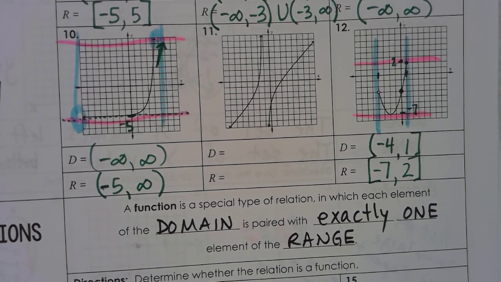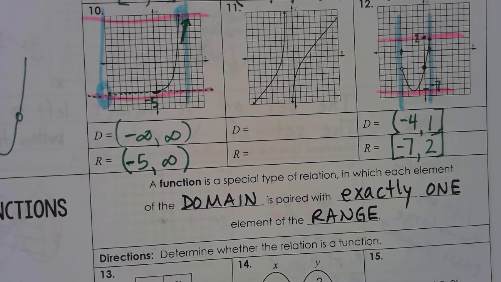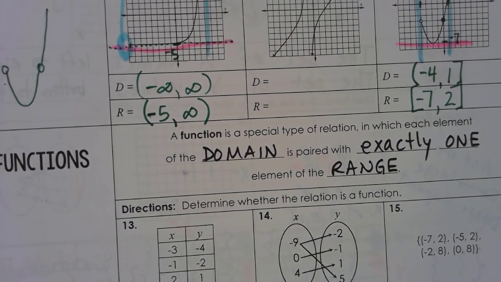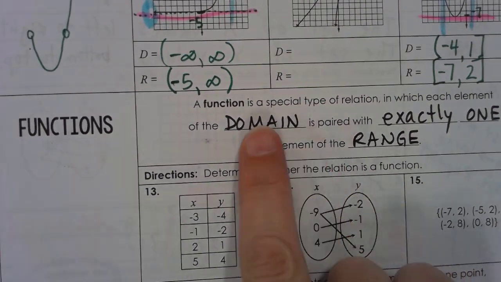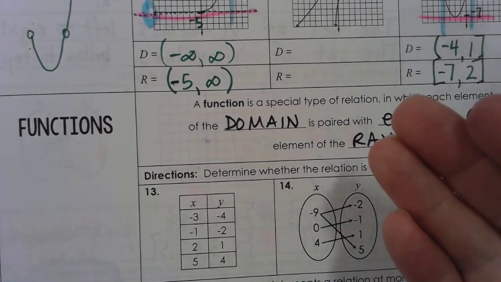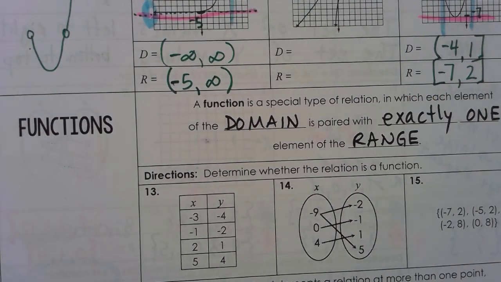All right, so the last little bit is the super easy part. Everything we've been talking about so far are just relations, right? Once we take that relation and turn it into a function, it's a special kind of relation. Everything is a relation, but only certain things are functions.